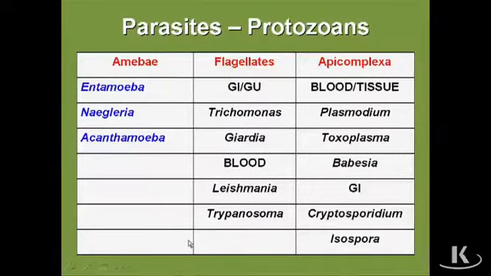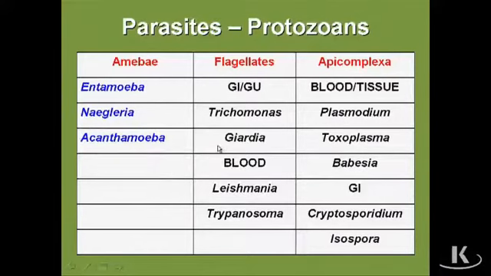Okay, so I'm just going to give you a little bit of an overview of the protozoans versus the metazoans, and then we're going to talk about them specifically as we move through the book. We're going to first talk about the flagellates and the amoeba, and some of the important organisms here are Entamoeba, Trichomonas, and Giardia.